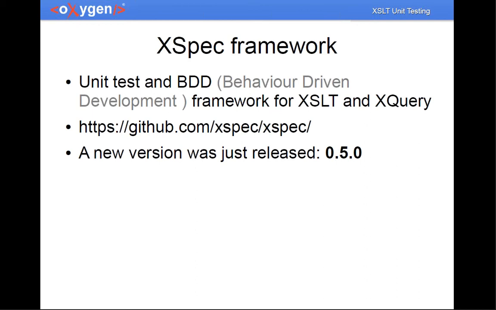It consists of a syntax for defining behaviors, plus the mechanisms, the tools, to test your code against these descriptions. It is an open source project available on GitHub. It is a robust one. A new version was just released, so the project is live, things are moving.